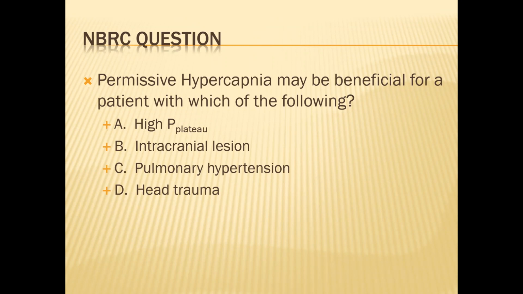If you have a high plateau pressure, you want permissive hypercapnia? Yes, good point. So instead of ventilating with even higher pressures, let's settle for the pressures that we have and allow the CO2 to go up and prevent damaging the lungs with more pressure to ventilate.